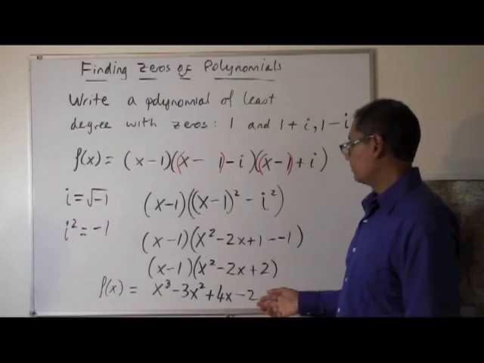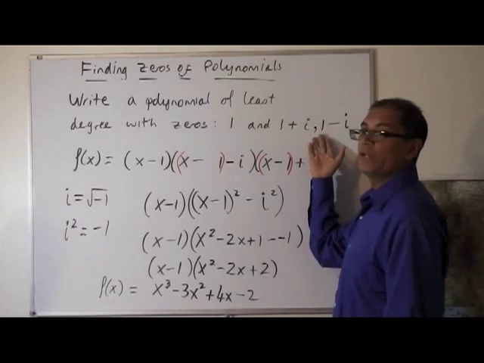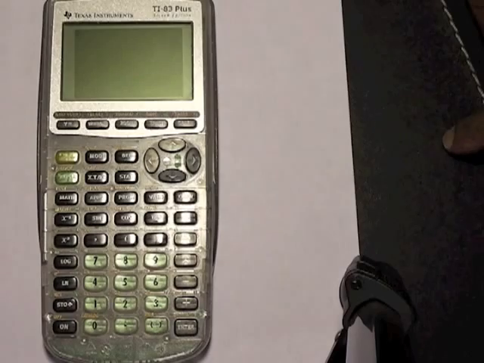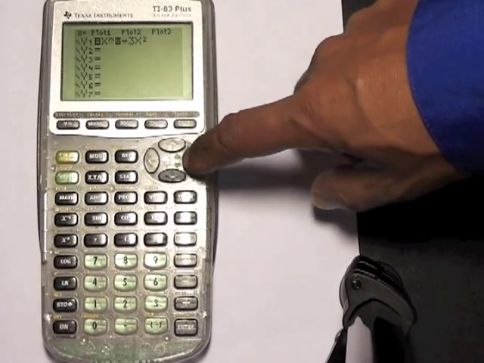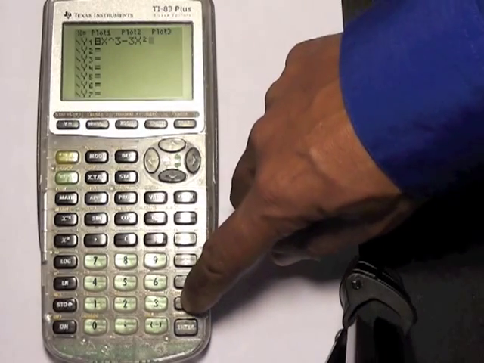And you can graph this to verify that this actually has one real zero at 1, and then these two zeros can't be seen on the graph, they're imaginary. So if we put that in our calculator under y equals, we're going to put in x cubed minus 3x squared plus 4x minus 2.